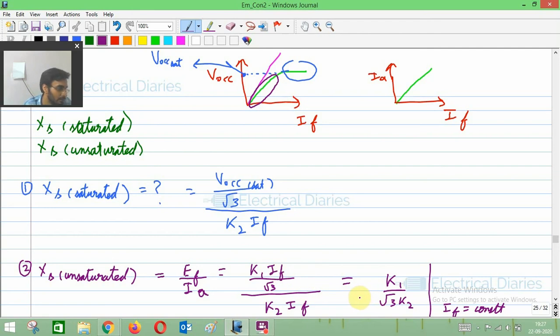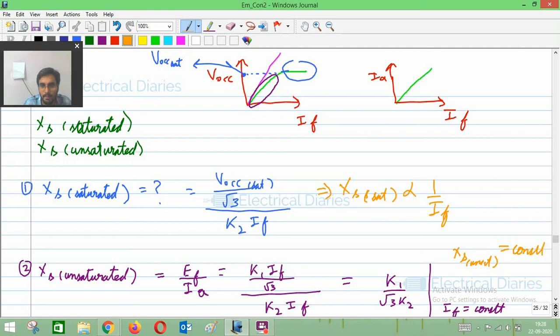The conclusion we could make from this whole discussion is that your excess saturated is inversely proportional to your IF. We can see this from this expression. And your excess unsaturated is a constant.